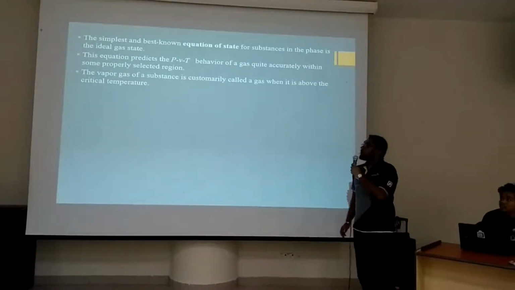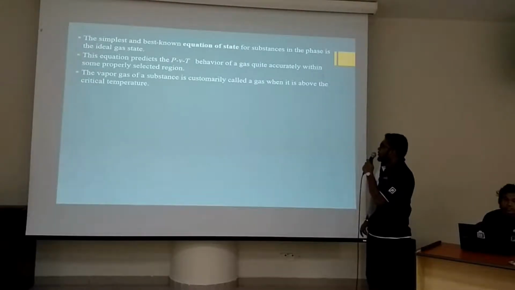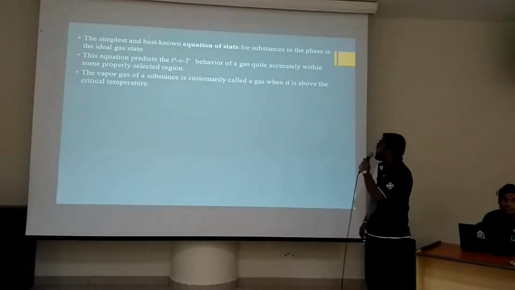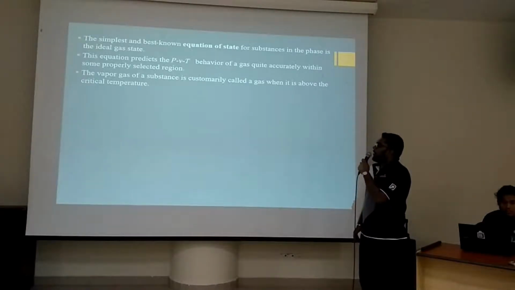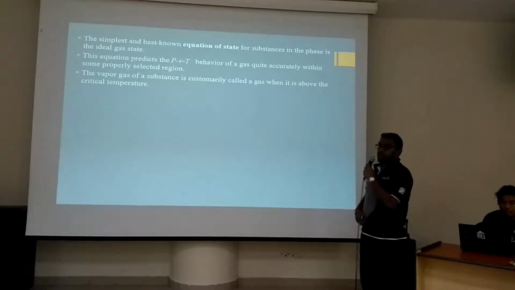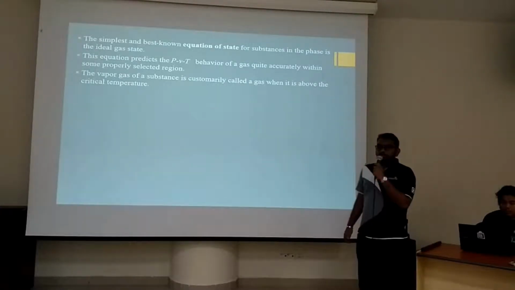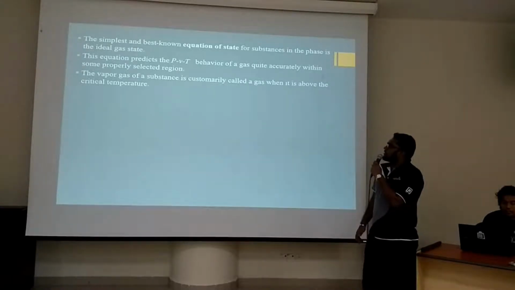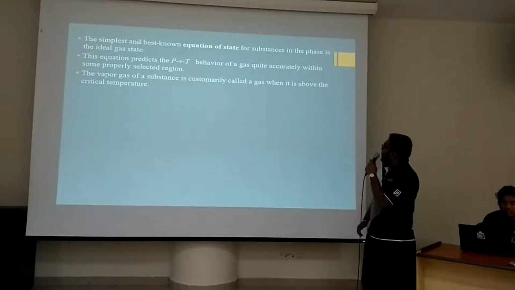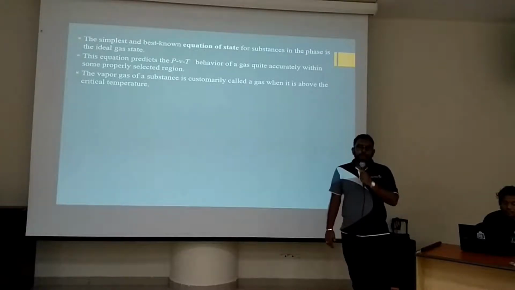Third, the simplest and best known equation of state for substances in the gas phase is the ideal gas. Fourth, this equation predicts the PVT behavior of a gas quite accurately within some properly selected region. Fifth, the vapor of a substance is customarily called a gas when it is above the critical temperature.